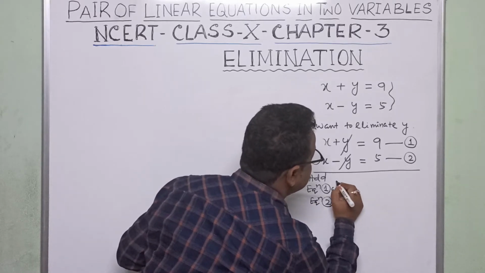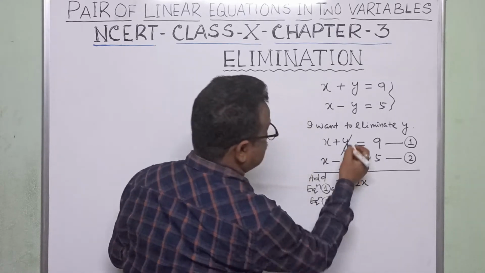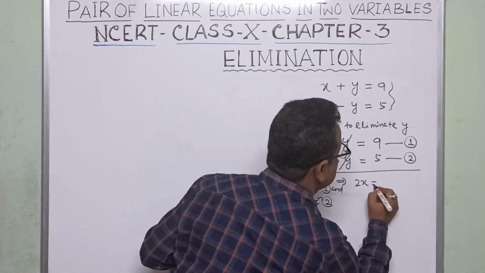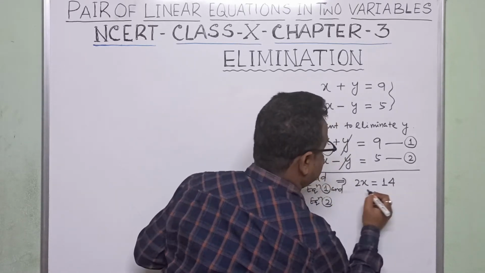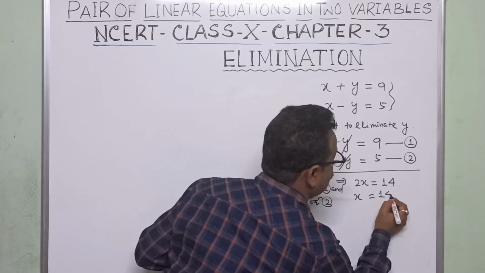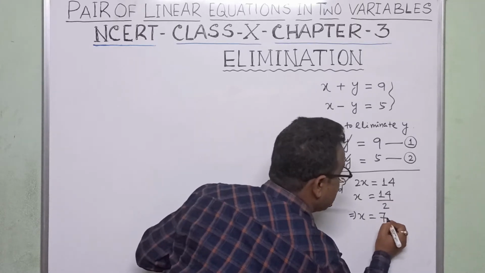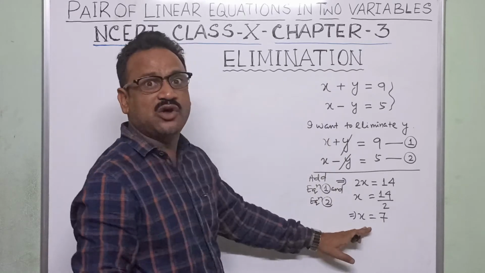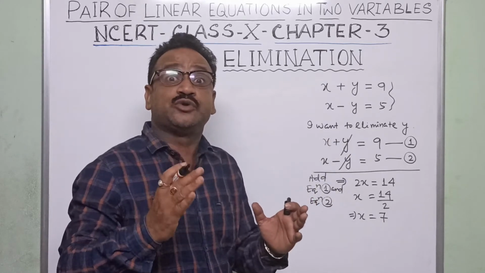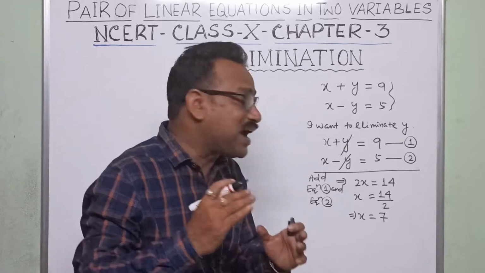So what will we get? That implies 2x, y cancels, 2x is equal to 14. Now x is equal to 14 by 2, that implies x is equal to 7. Now we got the value of x as 7. Now we want to find the value of y.